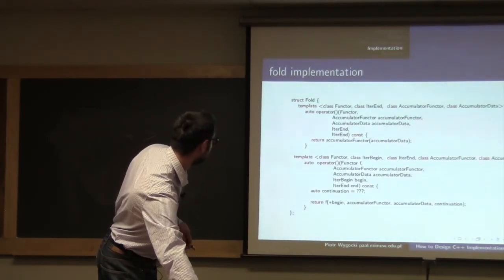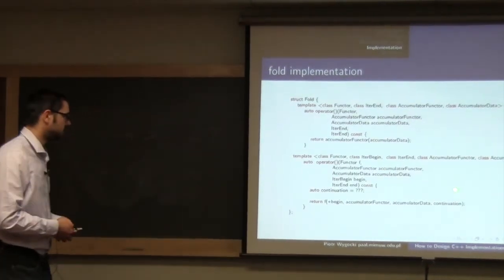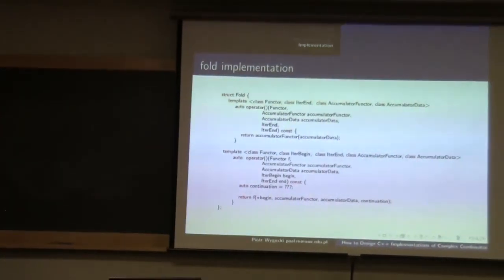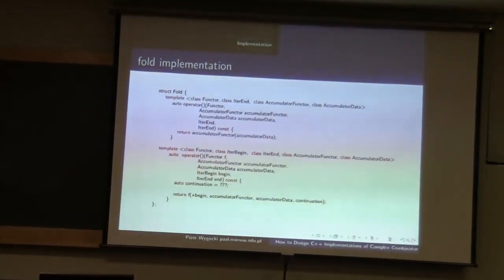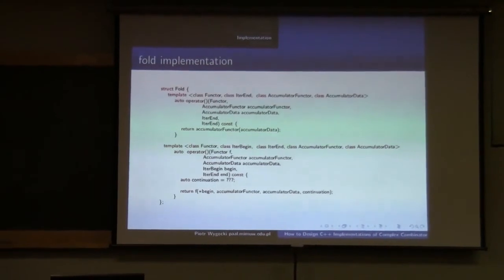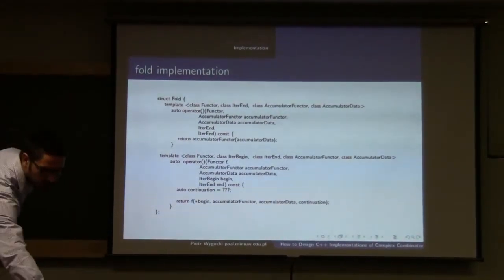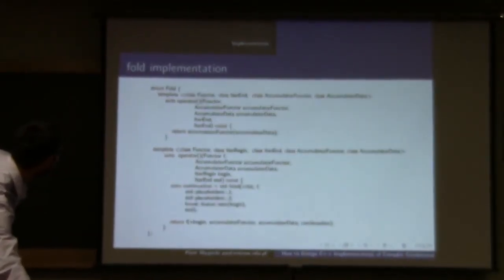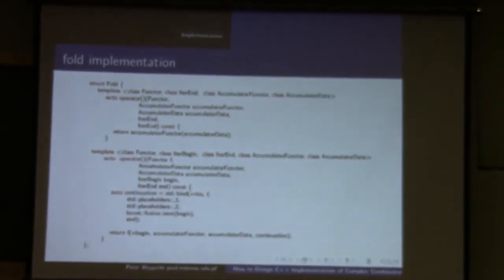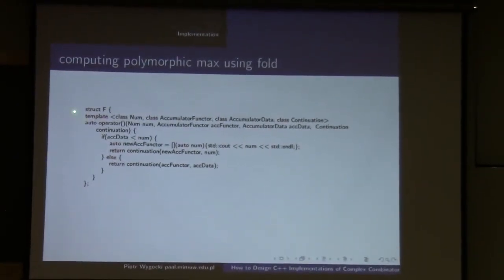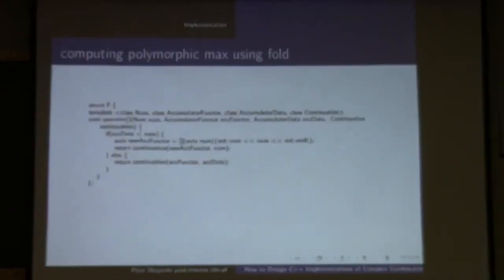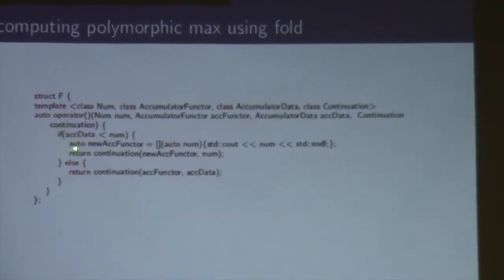Okay, so I hope it is more or less clear, and now let's see how to solve our original problem, that is, how to implement our functor. So now we are doing essentially the same.